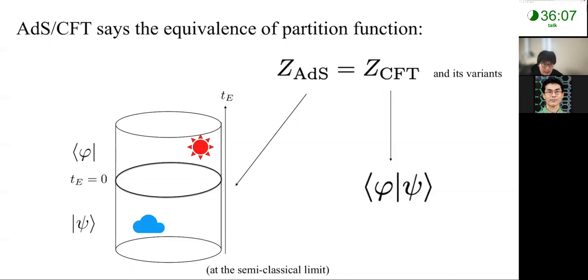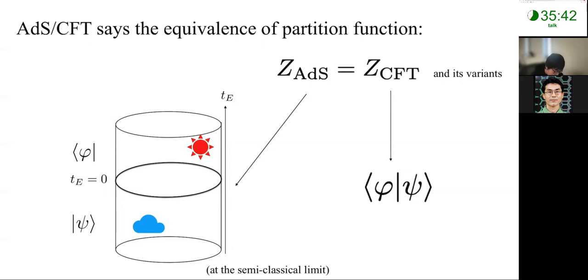It sounds a bit artificial, but in principle, we can always do this. And on the other hand, on the gravity side, we can imagine that at the semi-classical limit of gravity, we have a particular geometry. And here I'm drawing the time direction, but technically speaking, this is a Euclidean time related to preparing the state on the CFT side.